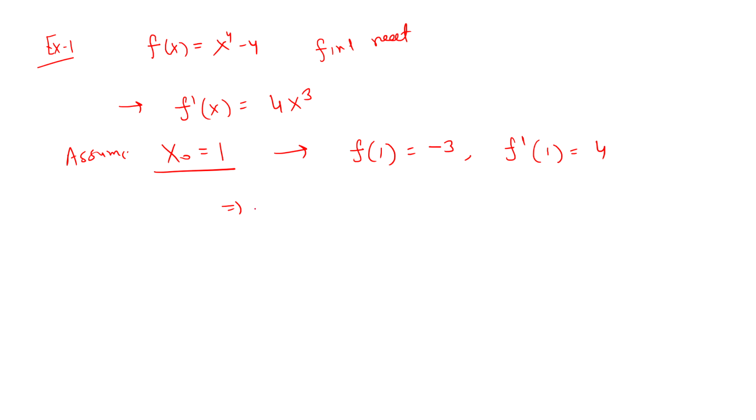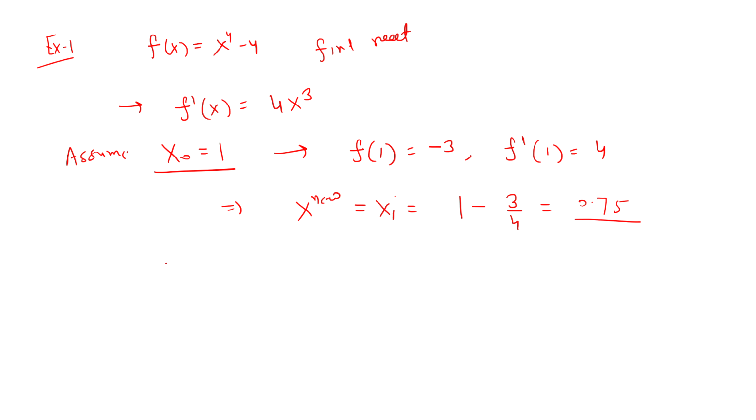This implies x new, x1, is 1 minus minus 3 by 4, which becomes 1.75.